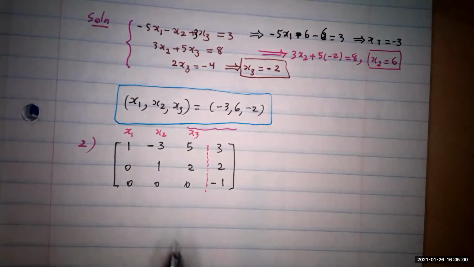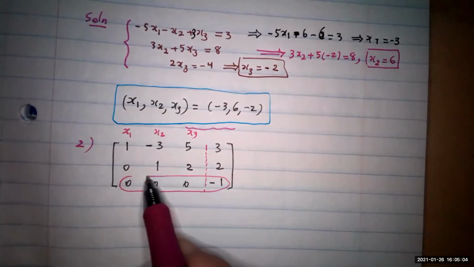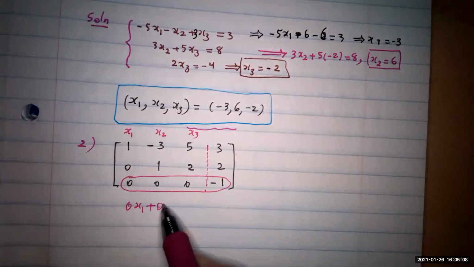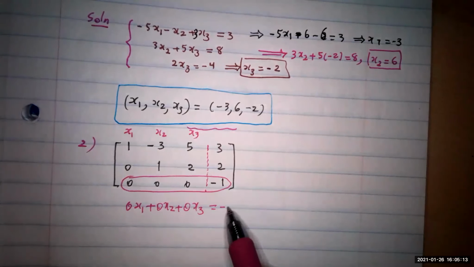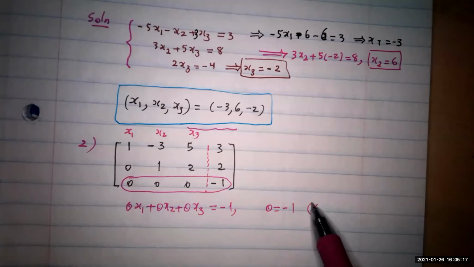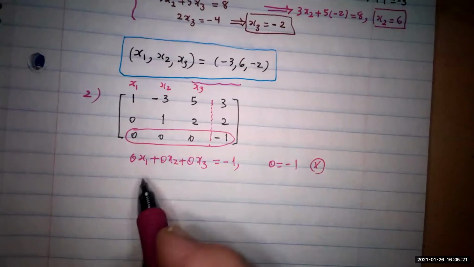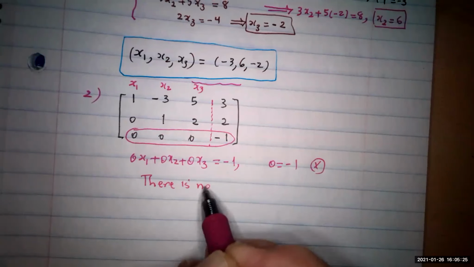As soon as we get to this part, we realize that this corresponds to 0x1 plus 0x2 plus 0x3 equal to -1. So this means 0 equal to -1, which is impossible. So the system is inconsistent and there is no solution.